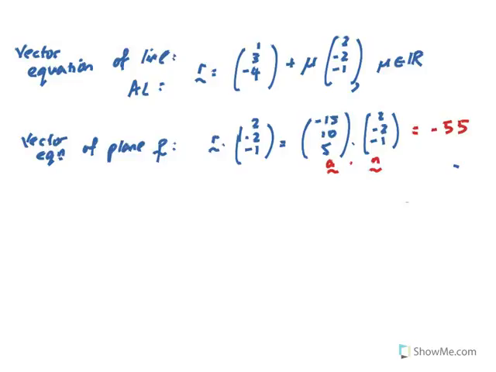So with that, solving for the point of intersection actually is no longer difficult. What we do is we try to sub. Since L lies on both the line AL and the plane P, it must satisfy both equations. Meaning L can be expressed as 1 plus 2 mu, 3 minus 2 mu, minus 4 minus mu.